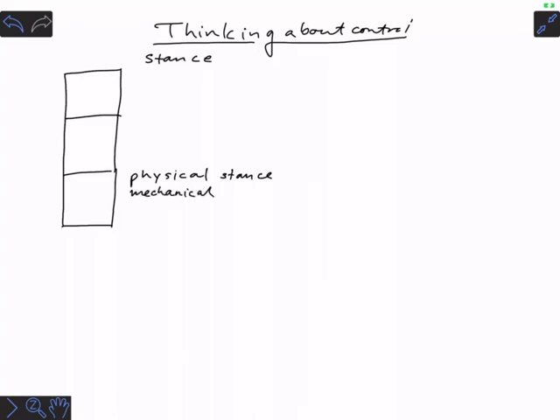This stance refers to the idea that I am observing something. I'm scratching my head because I'm looking at something and trying to understand what this object is going to do. I'm trying to understand how it works, right?